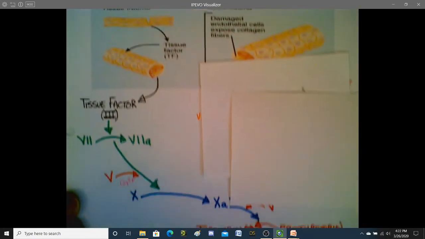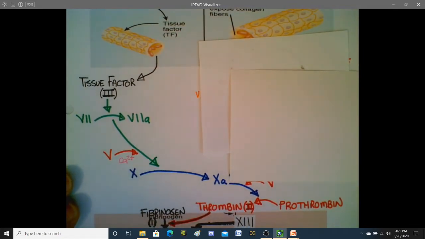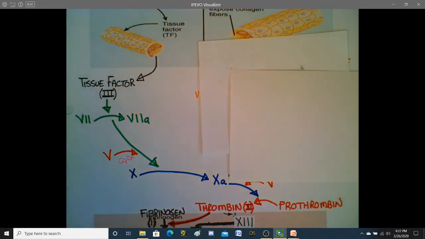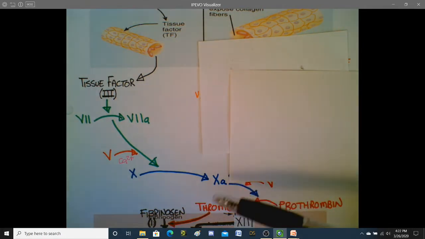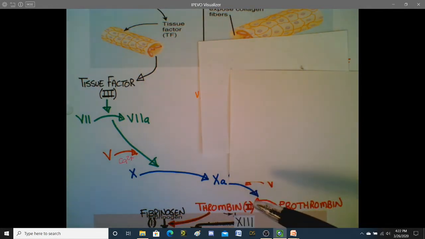Now, 10 is going to be activating its own clotting factor called clotting factor 2. Clotting factor 2, its inactive form is called prothrombin. Active 2 is called thrombin. So you can see active 10 is going to activate 2. That's a Roman numeral 2.